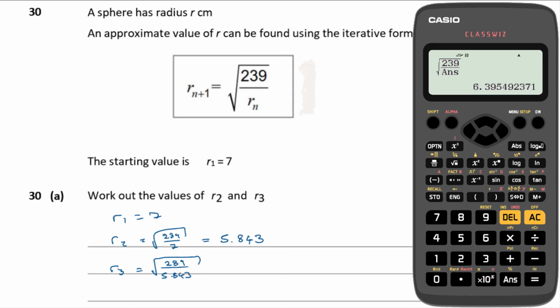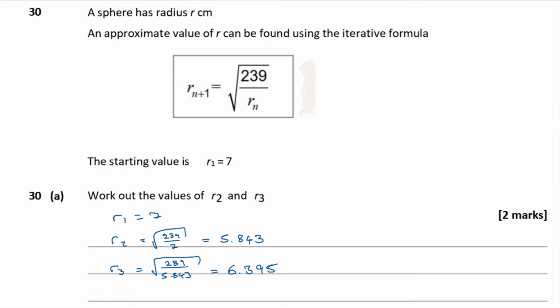So that's 6.395, and again we're just going to write down the first 4 significant figures for now. Okay, so we're done with that.